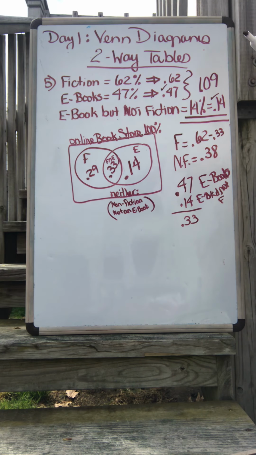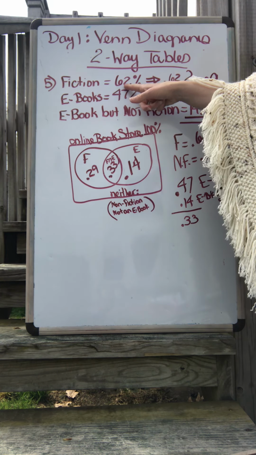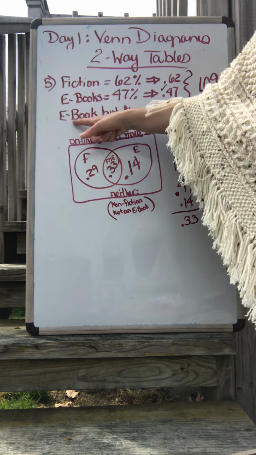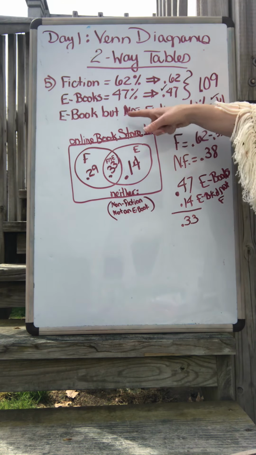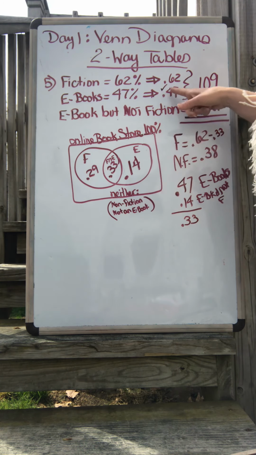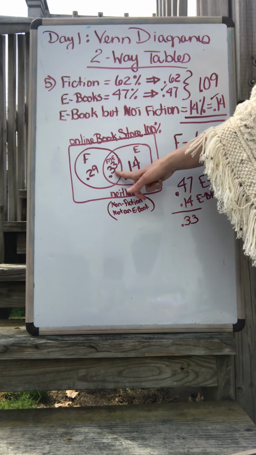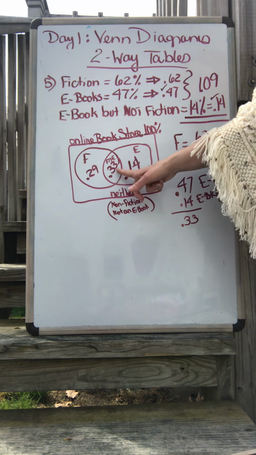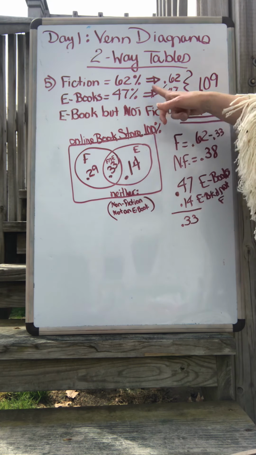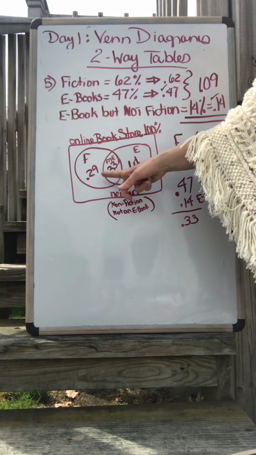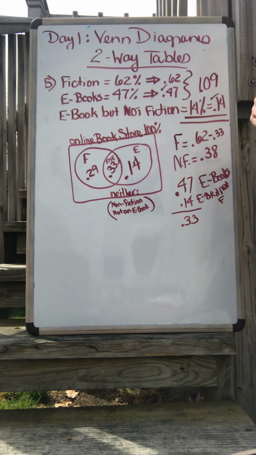So one more time. 62% were fiction, 47% were ebooks, and ebook but not fiction, which means ebook only, was 14%. So if I take my ebooks minus my ebook only, 33% of those books are fiction and ebook. And if 33% are fiction and an ebook, 62% minus 33% gives me 29% fiction only.